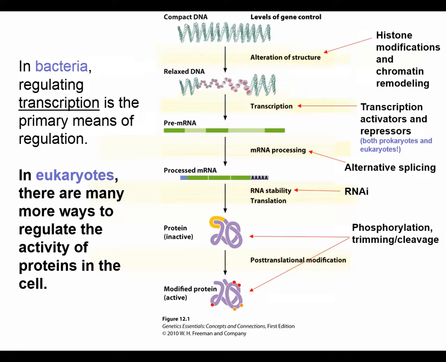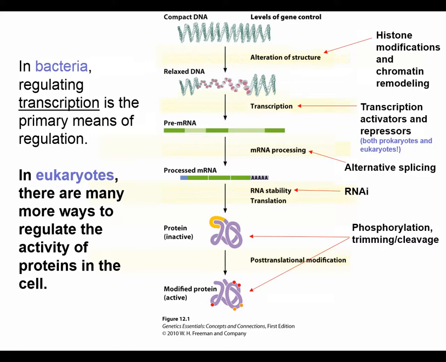In bacteria, the way that gene expression is controlled is at the level of transcription. So you can see in this picture, transcription is typically the point at which genes are either activated for expression or turned off, silenced, in bacteria.